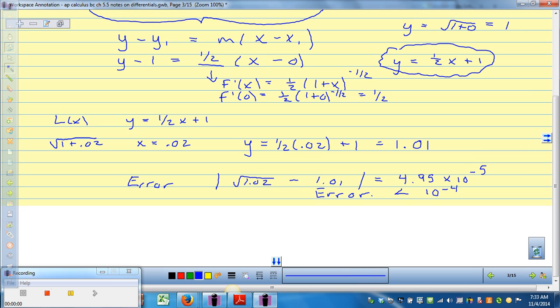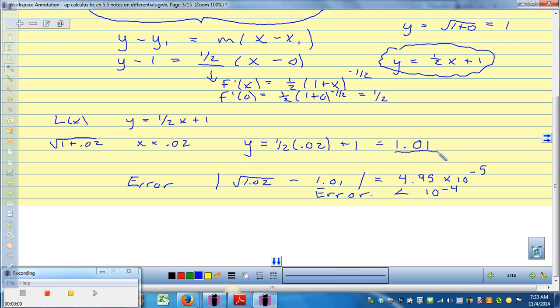Okay, questions on this one? Where did the 1.01 come from? The 1.01 came from plugging 0.02, our x value, into our line equation. So we get 1/2 times 0.02, which is 0.01, plus 1.